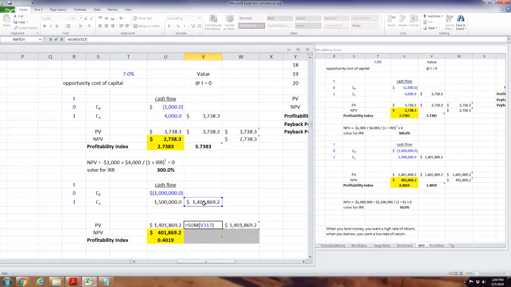Yep, that's a summation, which is right there. This is simply the present value over investment, and it's 1.419 times that, and this is just NPV, rates, cash flow.